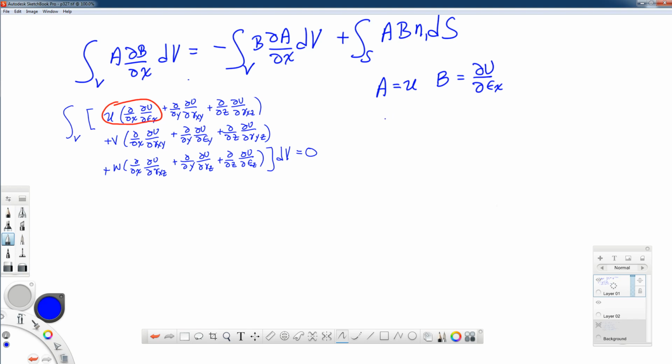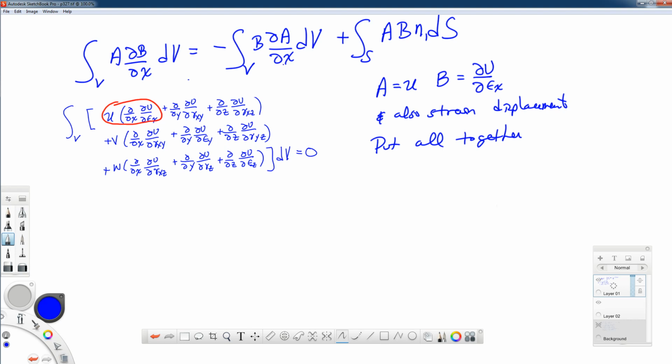Now we also have the idea of our strain displacement relations, and we wrote those down previously as well. Now we have similar expressions that we can do for this U times this term and this term, the V times these three terms, and the W times these three terms.